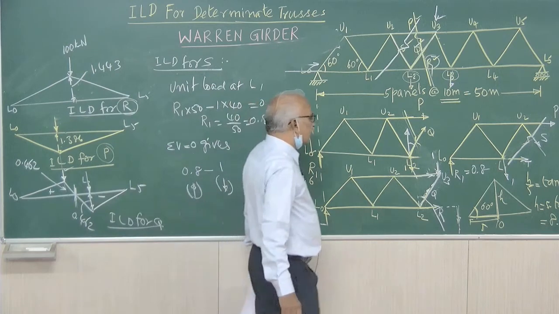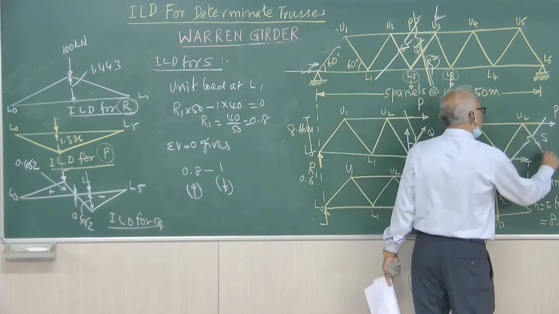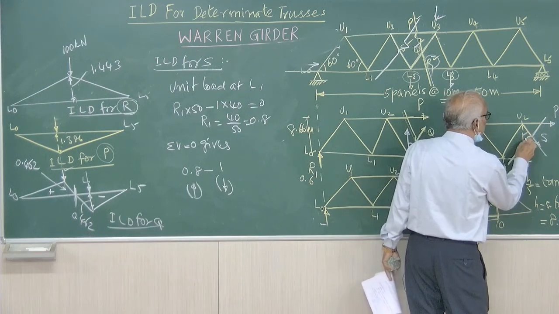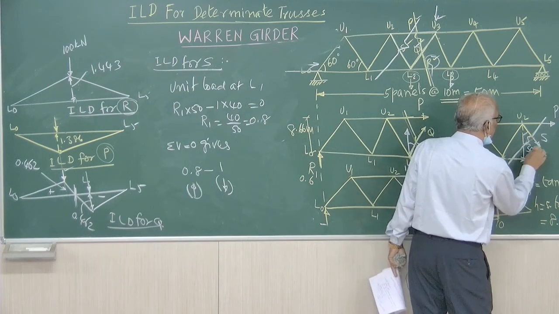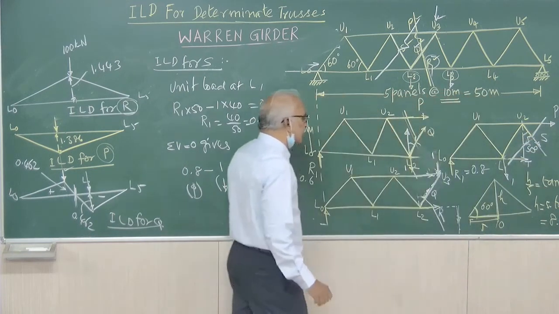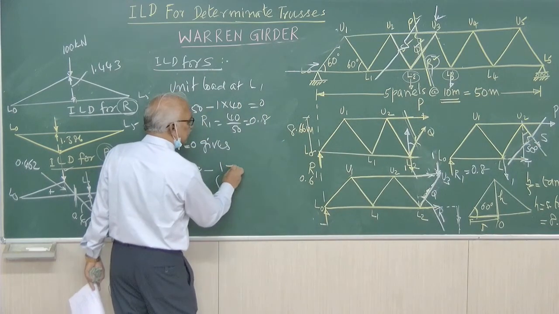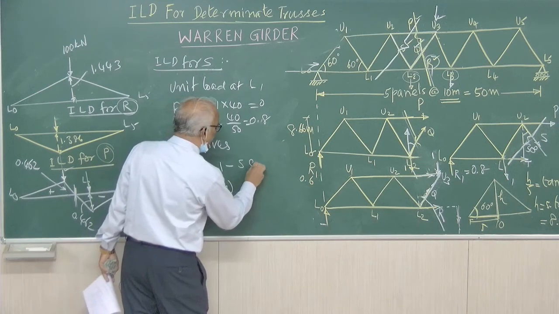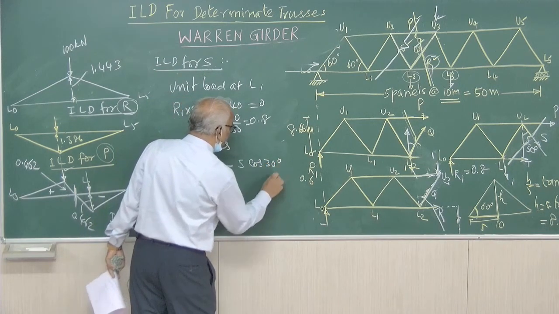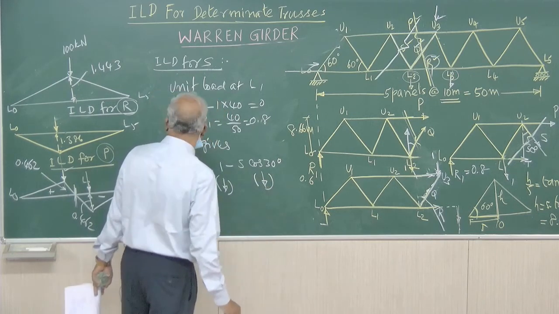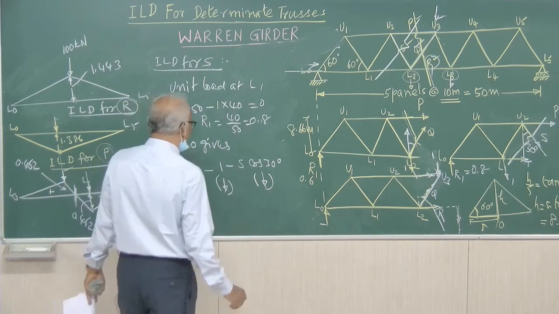Then S into its angle with the vertical is 30 degrees because the total is 60 degrees. Therefore, this angle is 30 degrees. S into cos 30, that is also downwards. Therefore, minus S into cos 30, equal to 0.